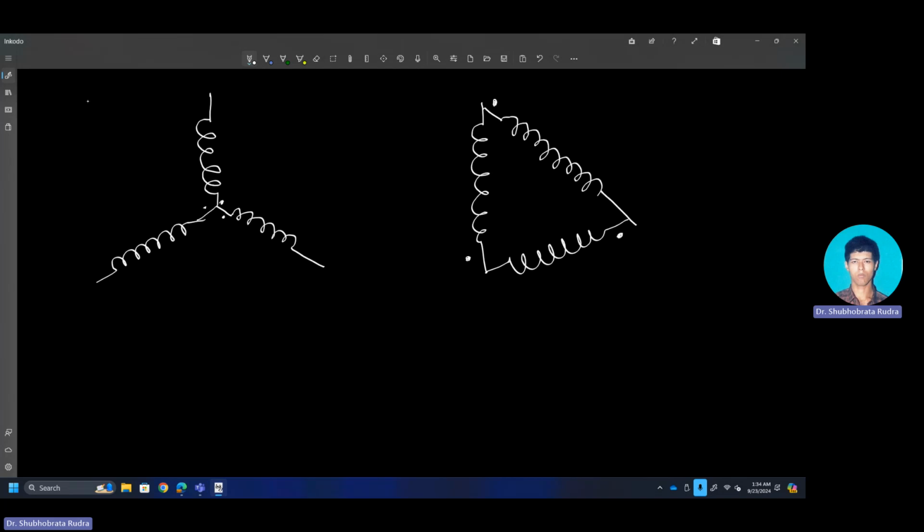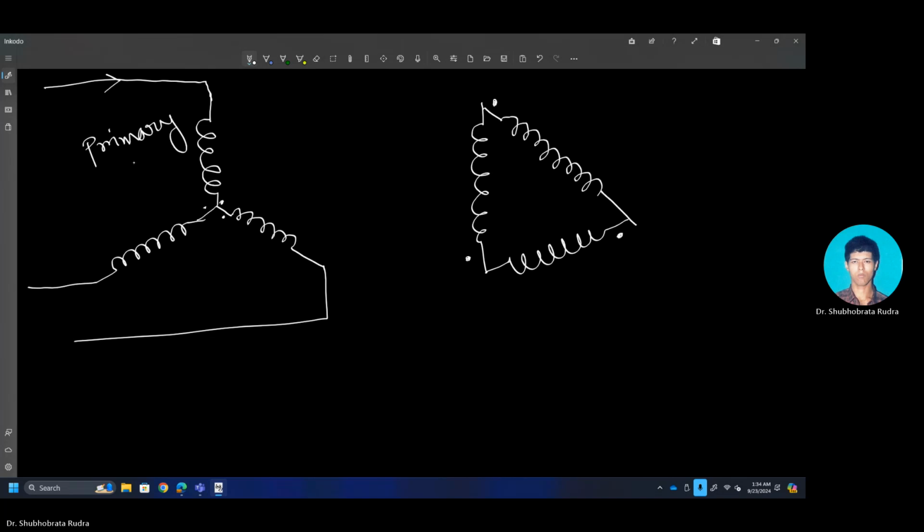In this problem, the dot position becomes very important to us. So this is my primary side. This is the secondary side, feeding a resistive load.